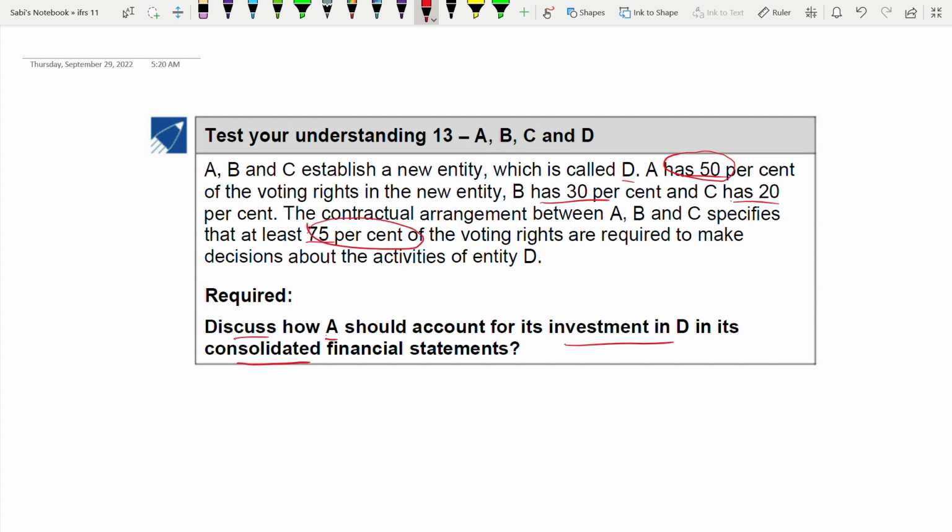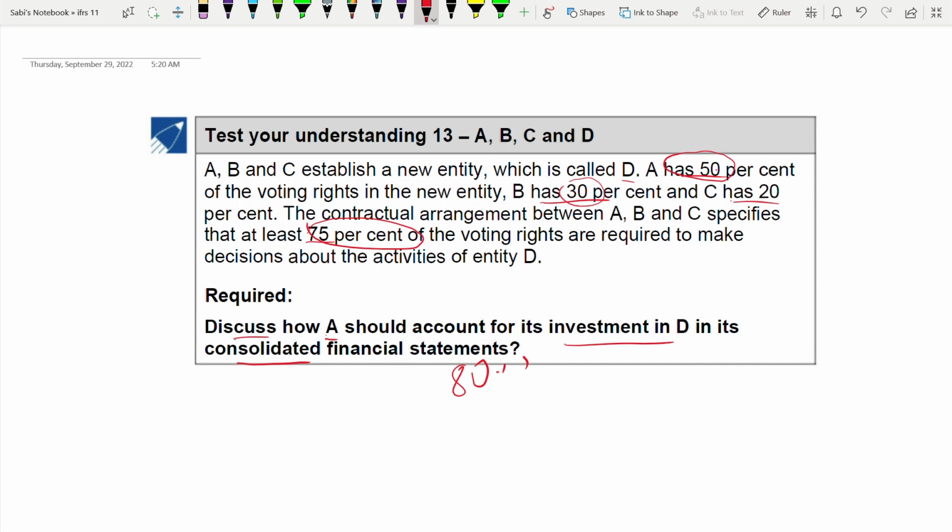So A alone does not have control, because it needs the support of B also. 50 plus 30 makes 80%, which is above 75%. So A needs the agreement of B to make decisions.